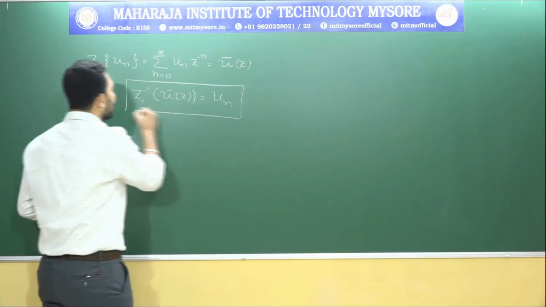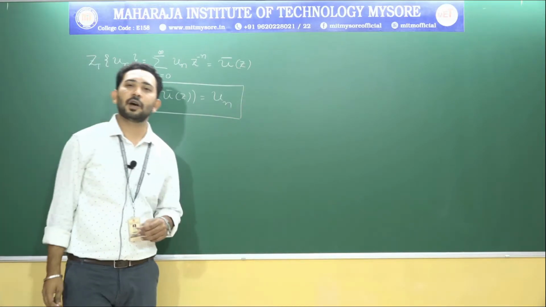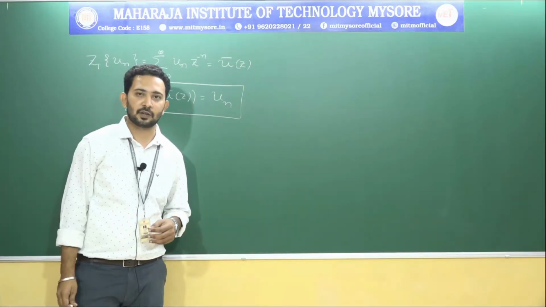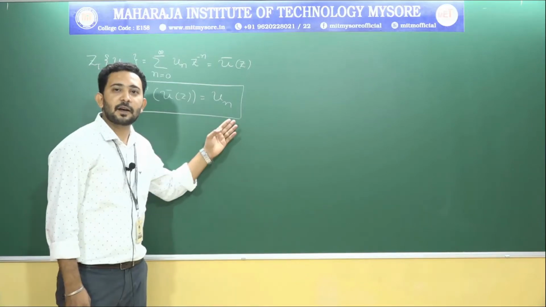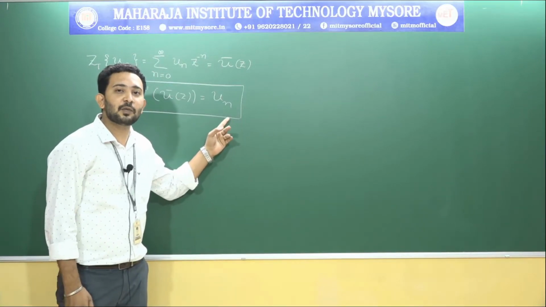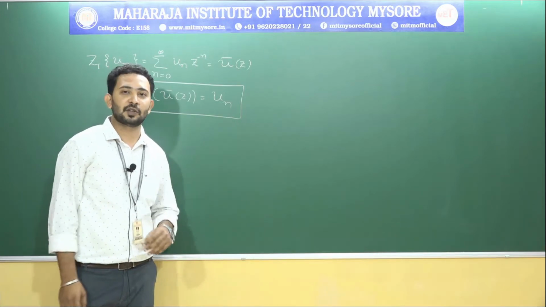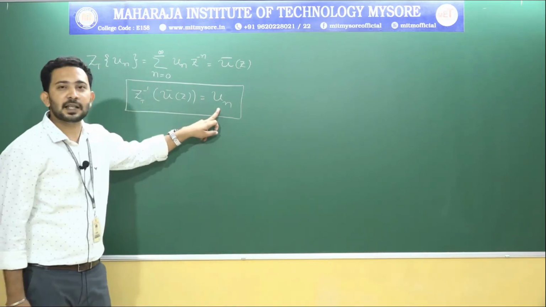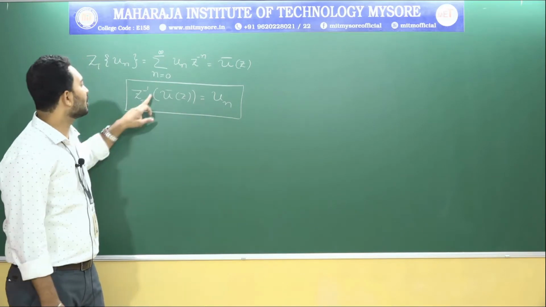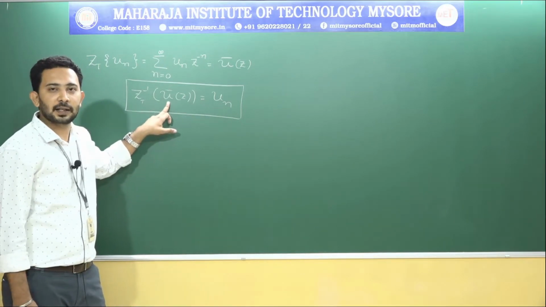So this is the definition of inverse Z transformation. That is, we are going to determine the sequence Un which generates the given Z transformation. Here Un is the inverse Z transformation of U bar Z.